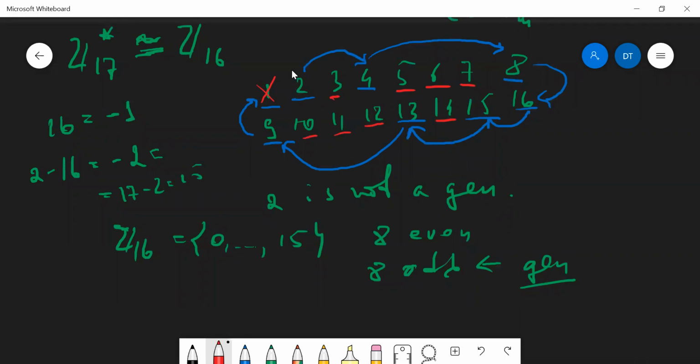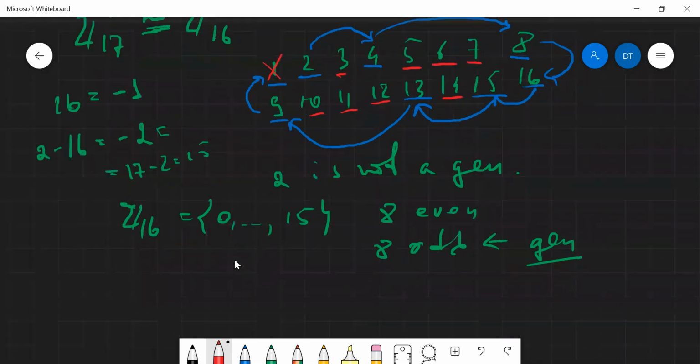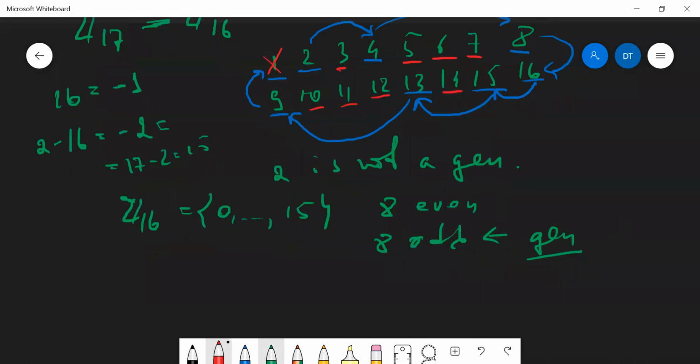Well, all the elements marked by the blue color are not the generators because they belong to a subgroup generated by the element 2. So we computed that if we take the subgroup generated by the element 2, it's not the whole group. So everything which is inside this subgroup cannot be a generator because it generates something which is not greater than this subgroup. So the generators must be outside of this subgroup. So everything that is marked by blue is not a generator.